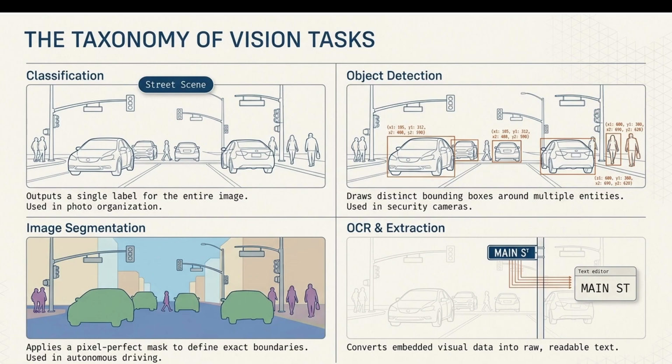OCR and extraction is completely about extracting the textual values from images. For example, you have an image where you need to extract the number plates from cars or other vehicles. For that, we are going to use optical character recognition and extraction, converting the embedded visual text into raw, readable text.